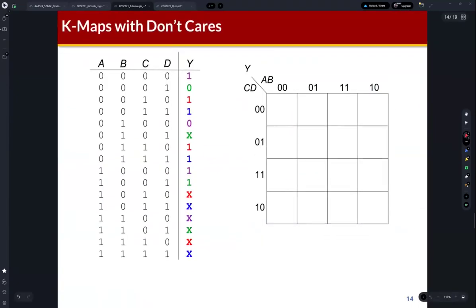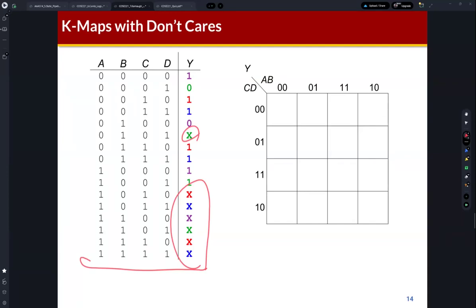So this is the example. You can find in the truth table an X here, where the output is X. It means that it's don't care. So it represents the output can be 1, the output can be 0. It's like, I can eat lunch, but I don't care if I cannot eat lunch.